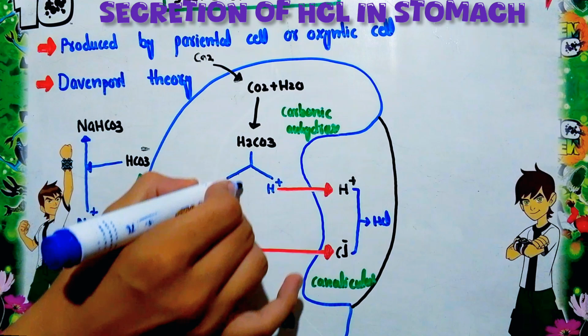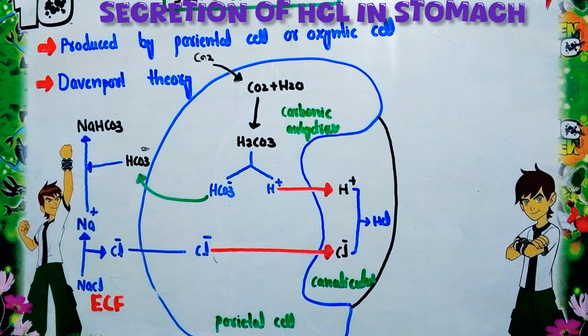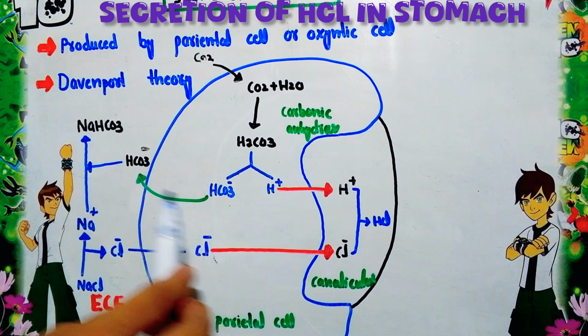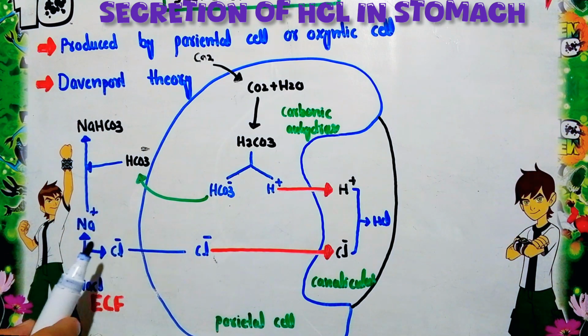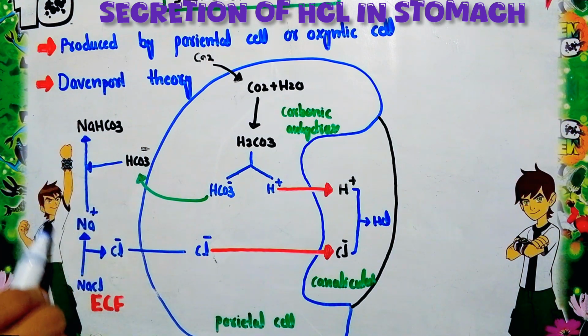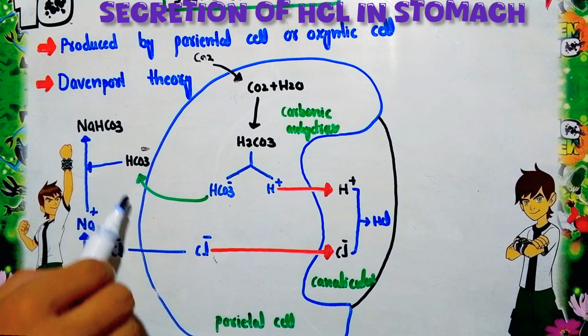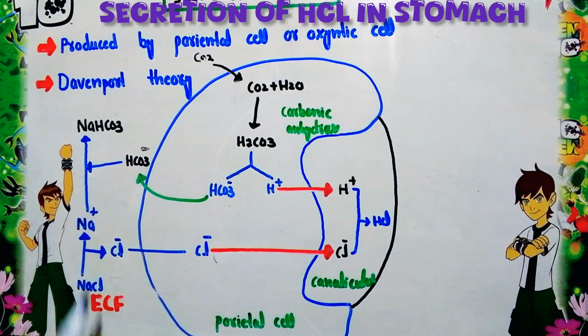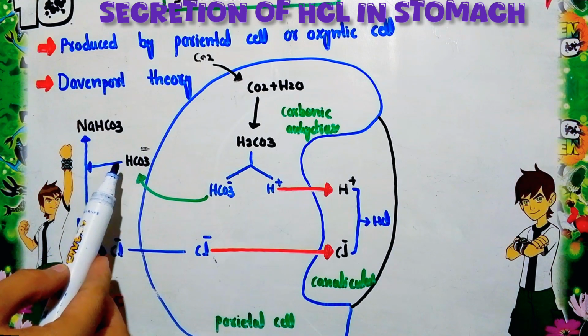Now what happens to the bicarbonate ions? The bicarbonate ion is actively transported into the ECF. Right at the ECF the sodium ion is also present, so here the loss of the chloride occurs. The compensation for this sodium chloride is handled by the bicarbonate ion.